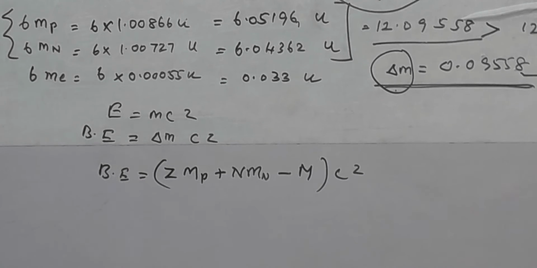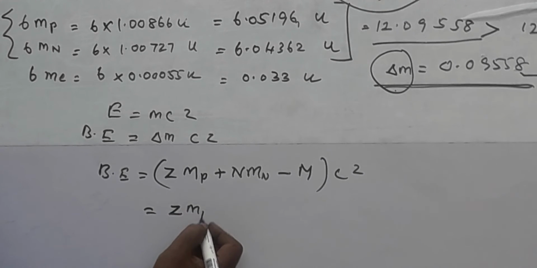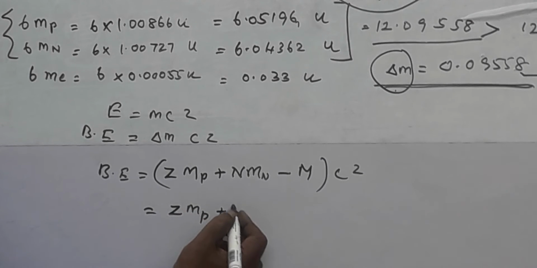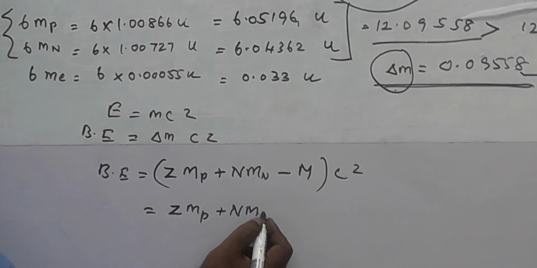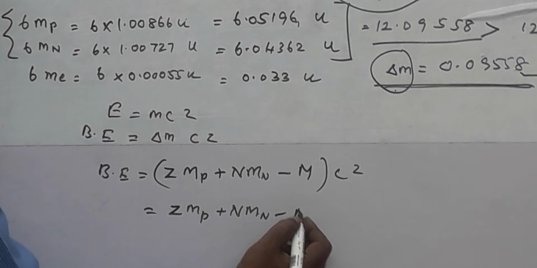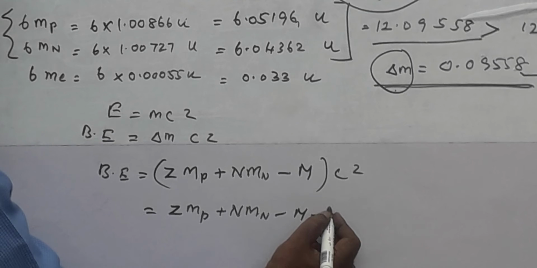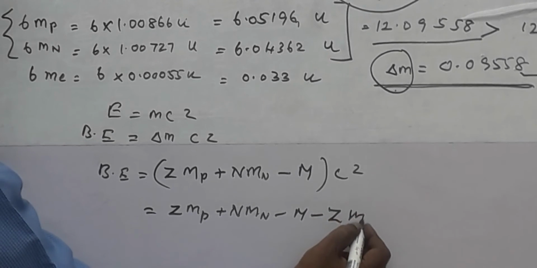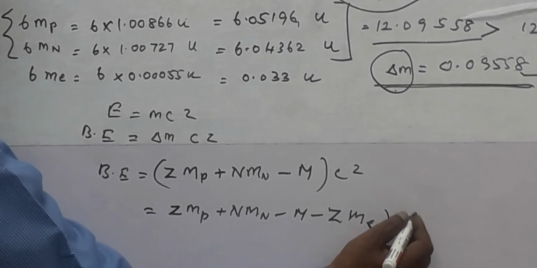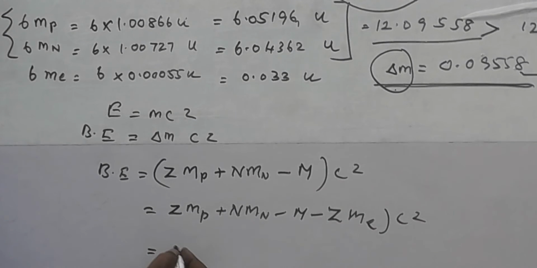Suppose you add the mass of electron, then we can modify this equation. Z mp plus n mn minus M minus Z me into c square.